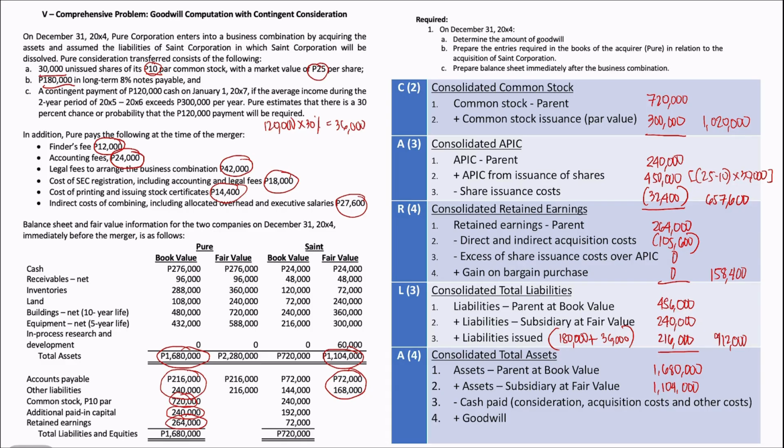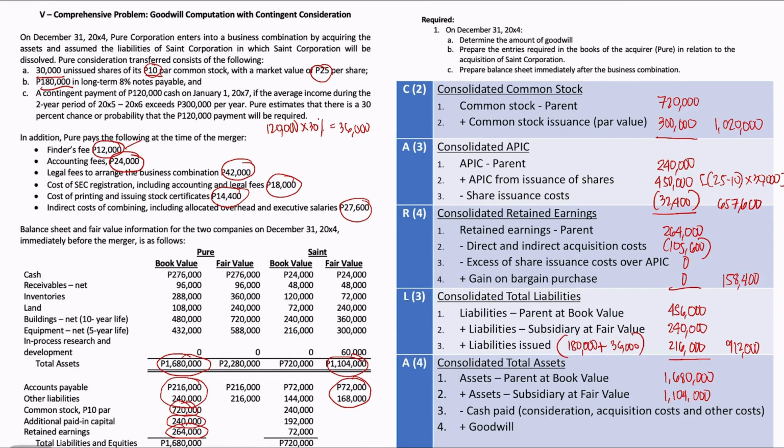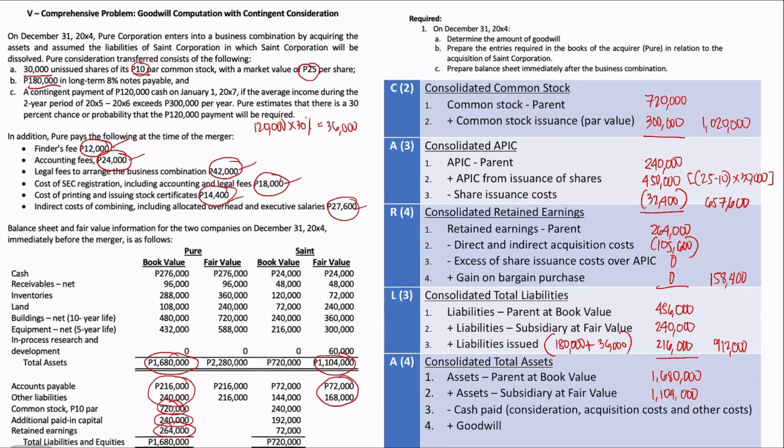Next, we deduct the cash paid as part of the consideration transferred and cash paid for acquisition costs and other costs. In this illustration, we do not have cash as part of consideration transferred. However, we have cash paid for acquisition costs. That's a sum of 12,000, 24,000, 42,000, 18,000, 14,400, and 27,600.